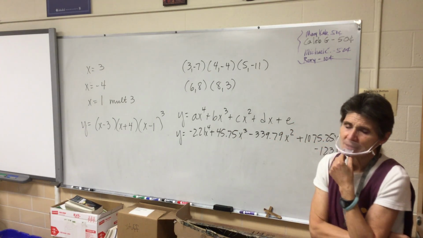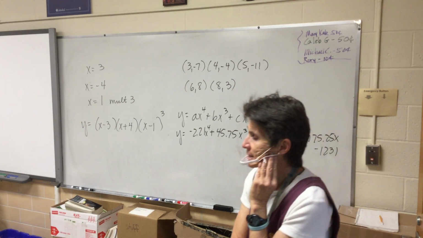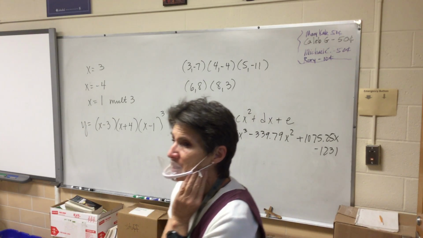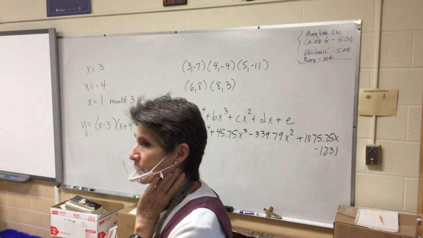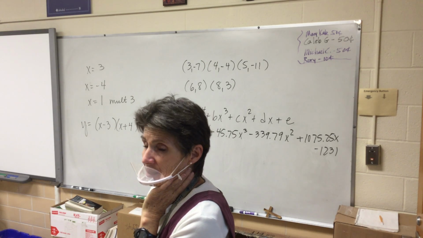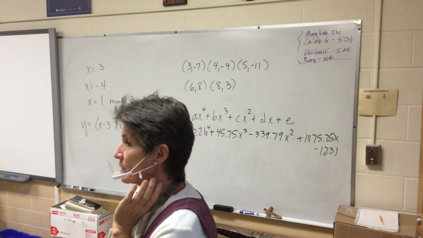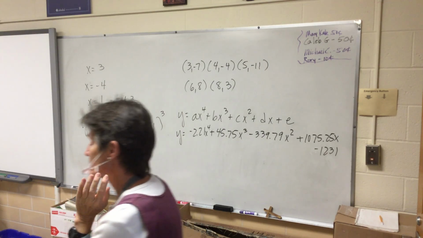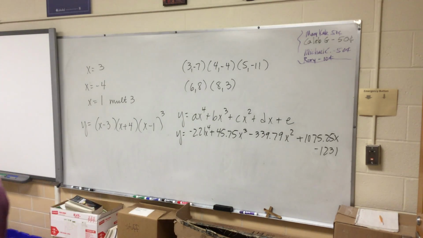I think I mentioned this the other day, but maybe I didn't, so let me mention it again. If you're going to do a regression like this, and the points are not special, they're just random points on the curve, whatever regression you're doing, you need one more point than that. So think about it like this.